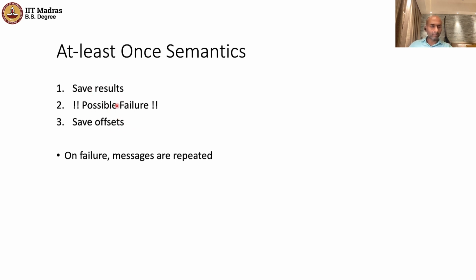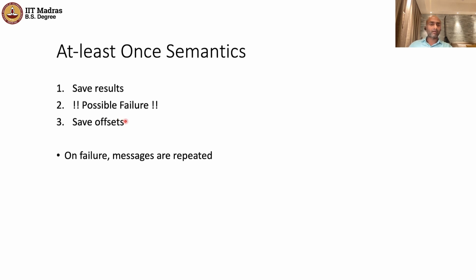So the challenges come in only when failures occur between the two salient steps of saving the result and saving the offset. So in this case, the failure occurs after saving results but before saving offsets. So I've gone ahead and processed the offset 10 message and saved the result, and then a failure occurs. So now if the consumer is restarted, where does it pick up from?